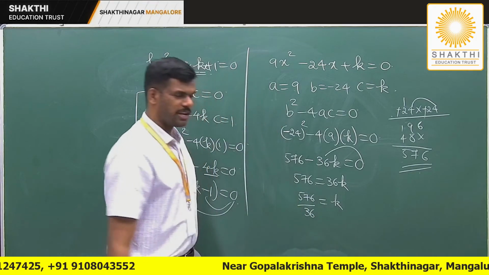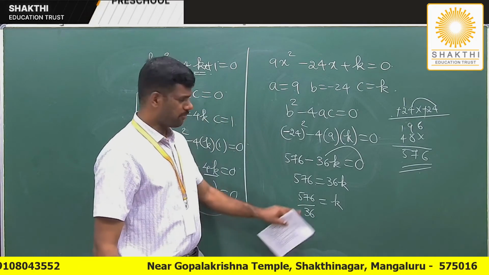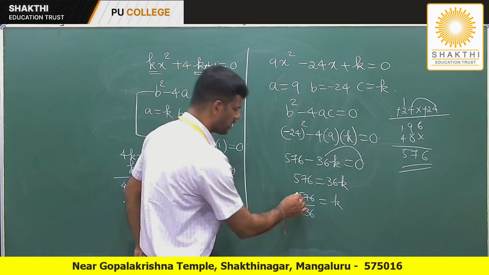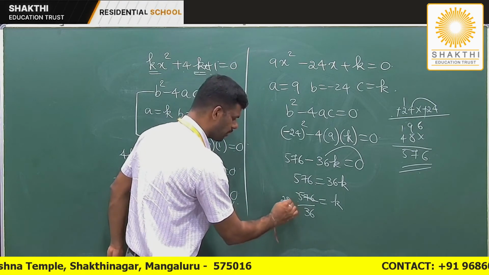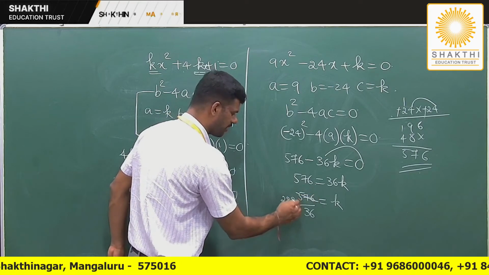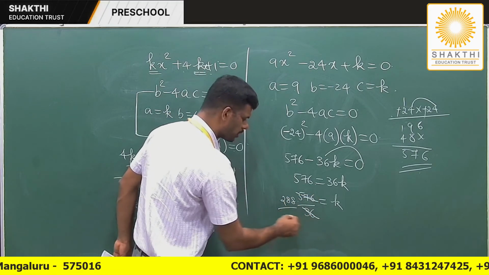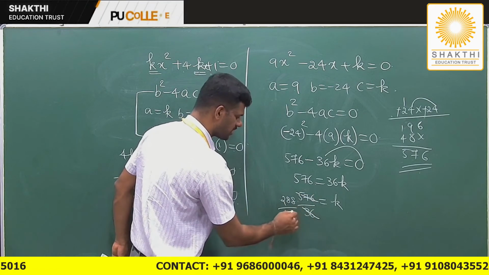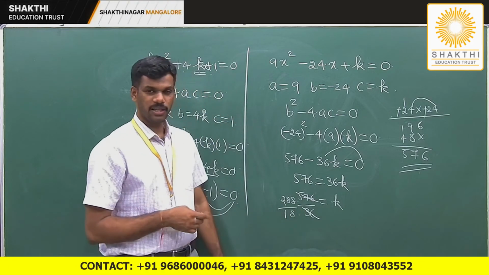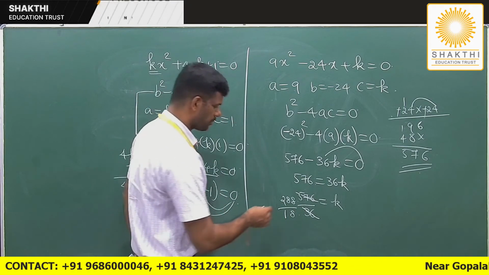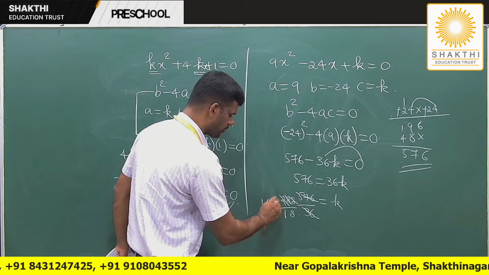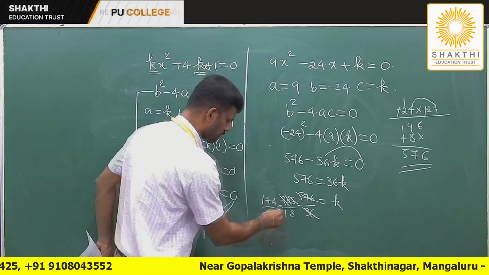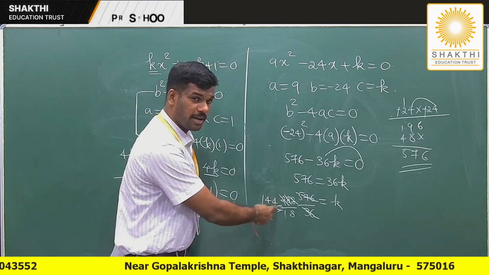You can simplify this as you need. I simplify this using the number 2 initially. 576 divided by 36 becomes 288 by 18, which again can be simplified using the number 2, giving 144 divided by 9.